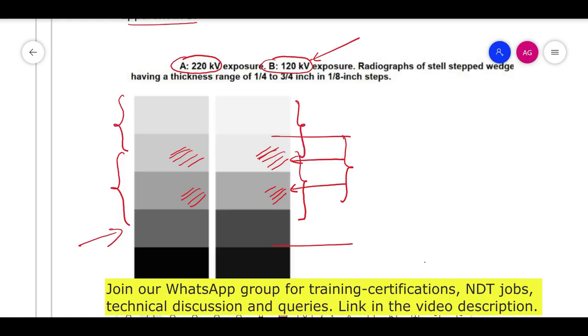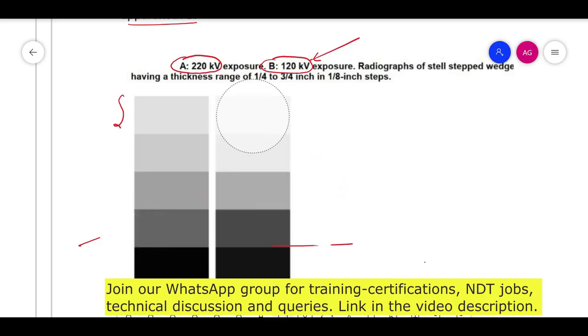Okay? So in this, you can see, look, you have to compare these two. This is the end portion. So in this you can see that the density difference between this one and this one is very less. Okay? That means you will not be able to differentiate these two.